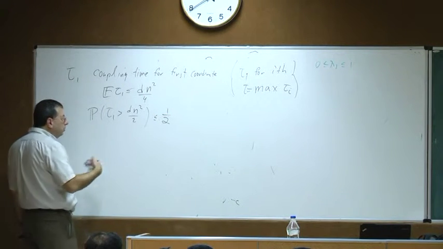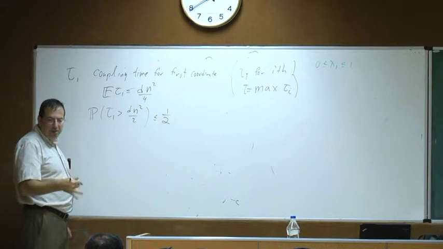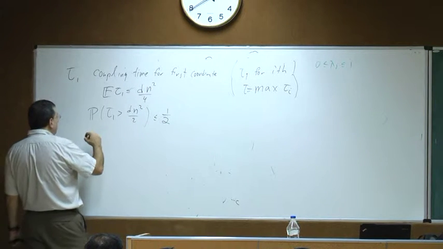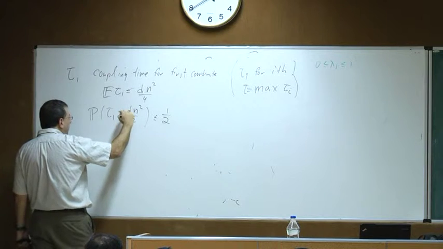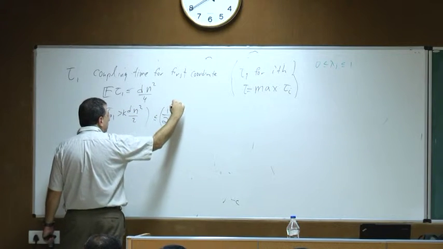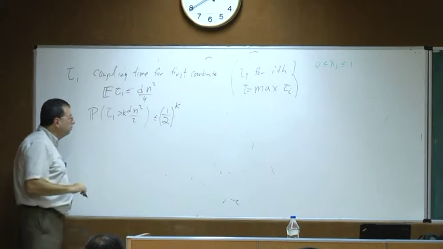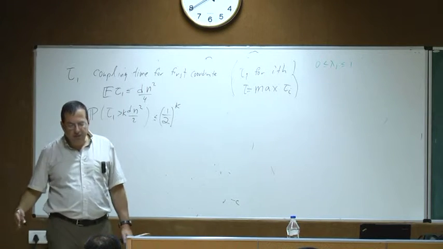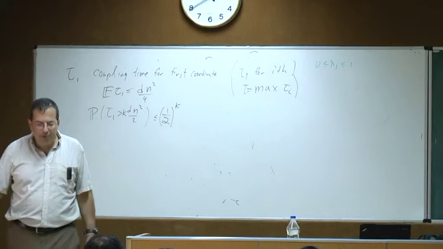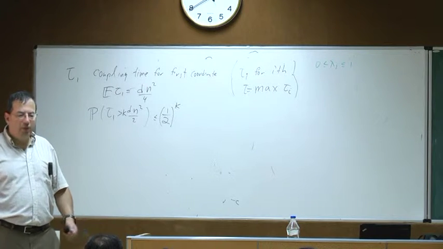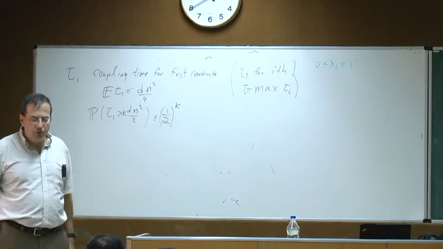And now the same idea of experiments tells us that if I put here k times this, then I get half to the k. So I just wait time dn squared over 2, and with probability half I couple the first coordinate. If I don't, I wait another dn squared over 2, and it's again true.